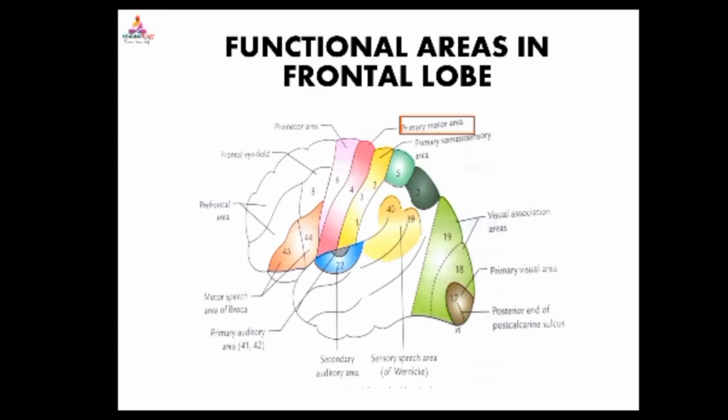About 40% of pyramidal fibers arise from this area. The electrical stimulation of primary motor area produces contraction of muscles of opposite half of the body. That is, it controls voluntary motor activities of the opposite half of the body.